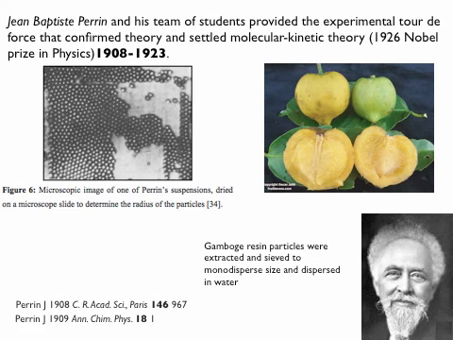So these gamboge resin particles were sieved, and then he put them under the microscope, and wanted to have a look at what would happen. Obviously these things would move to the left and the right and up and down, and so he wanted to verify Einstein's theory amongst other things.